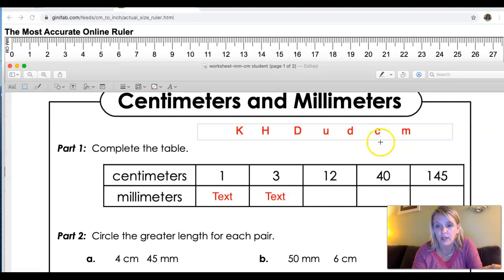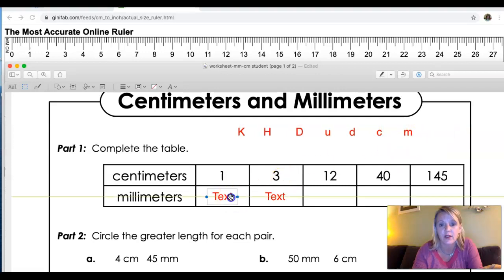We would move the decimal for that 1 to the right and add a 0 here. That's 10 millimeters. 3 centimeters. 1, 2, 3 centimeters. There is 10, 20, 30 millimeters in 3 centimeters.